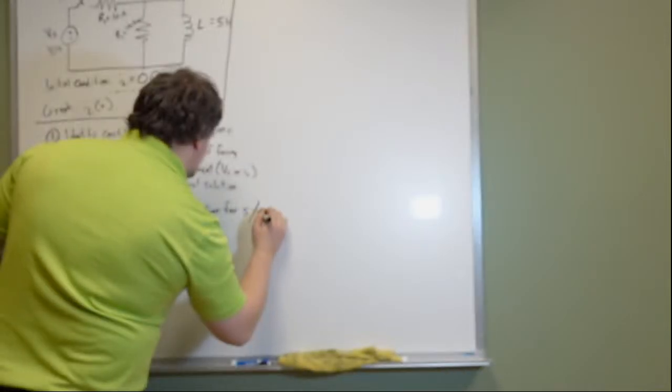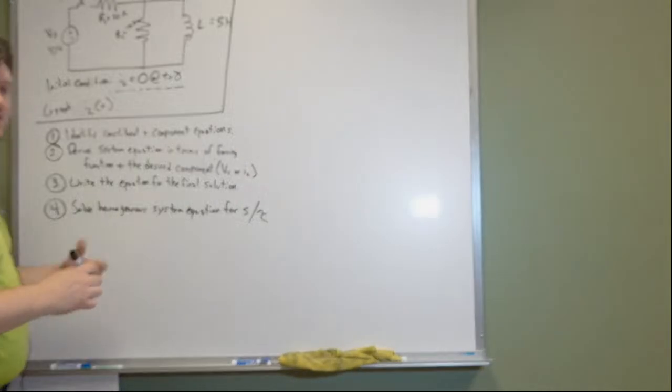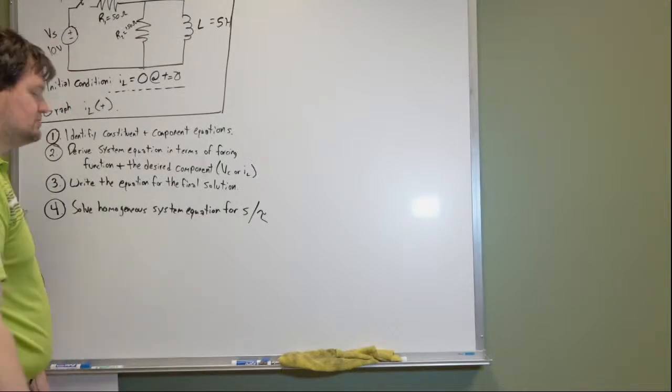You're going to write the equation for the final solution. Okay, and then basically what you do is step number 4, you solve the homogeneous problem, the system equation, for S/tau. Okay, because tau is a function of S. S is a function of tau.